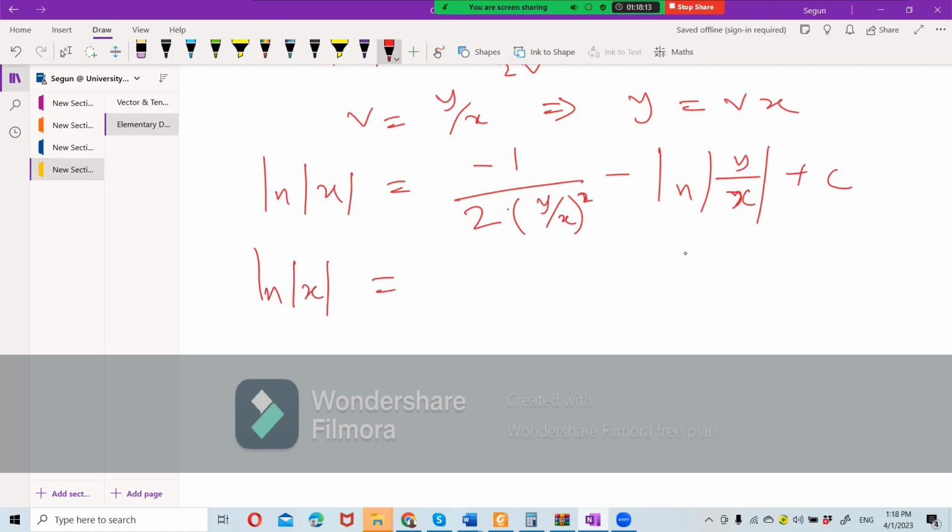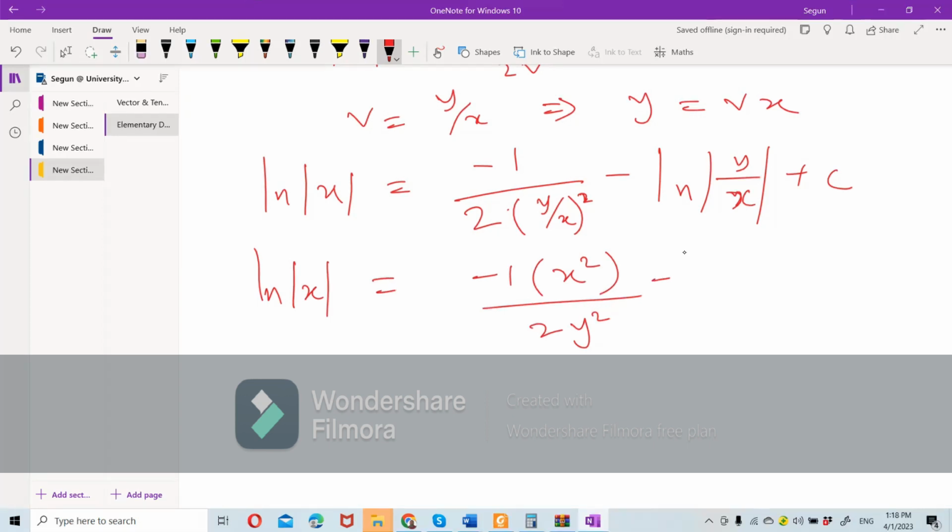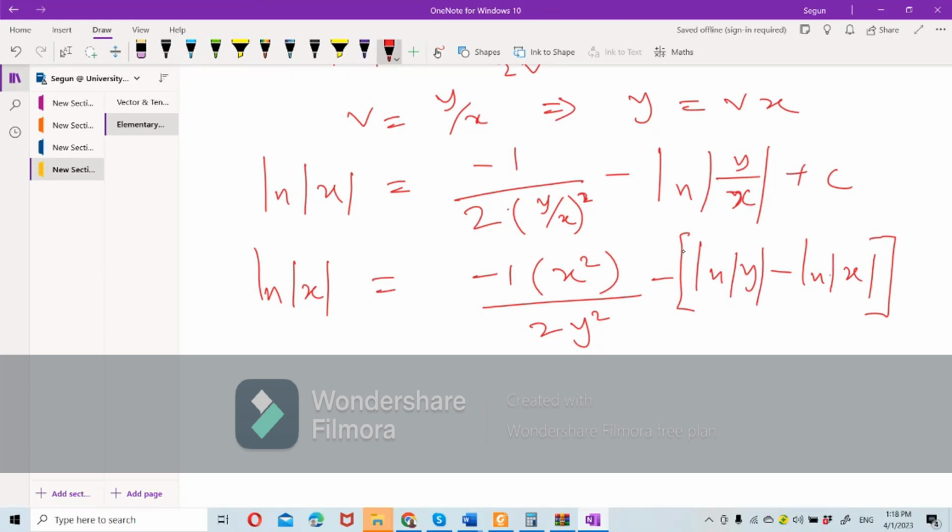This will be negative x squared over 2y squared minus ln y minus ln x, because division means negative subtraction.